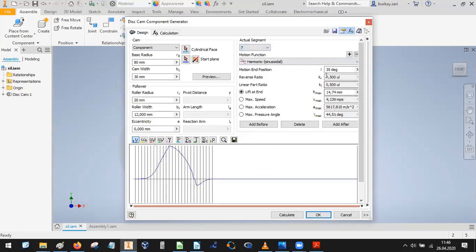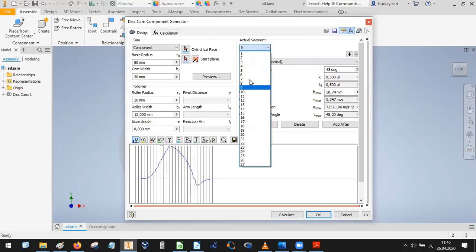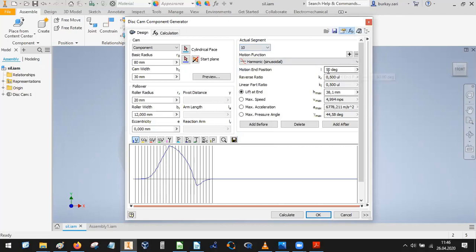Seventh one, 35 degrees, 14.74. 8, 40 degrees, 22.86. 9 segment, 45, 30.74 millimeter. 10, 50 degrees, 38.1 millimeter.